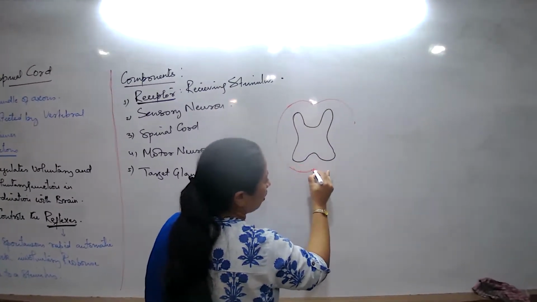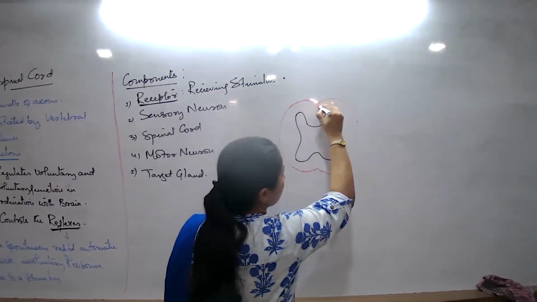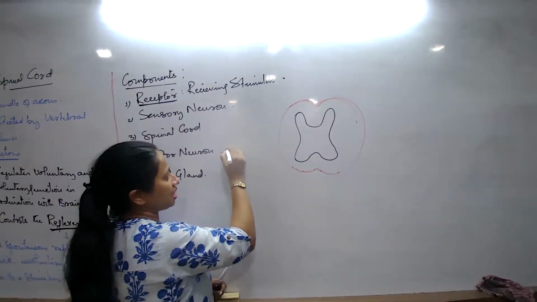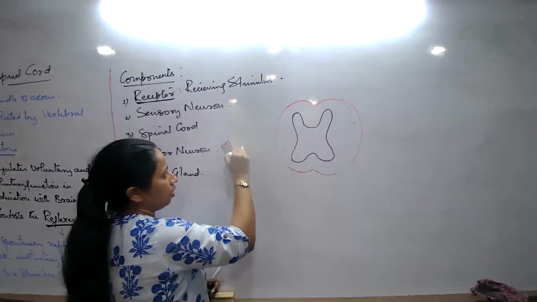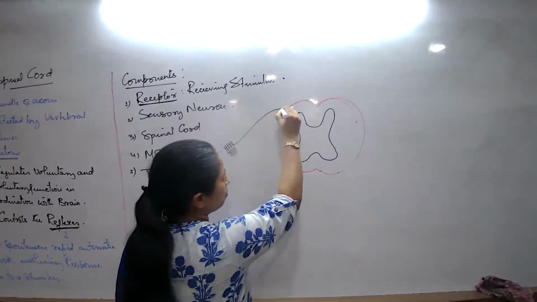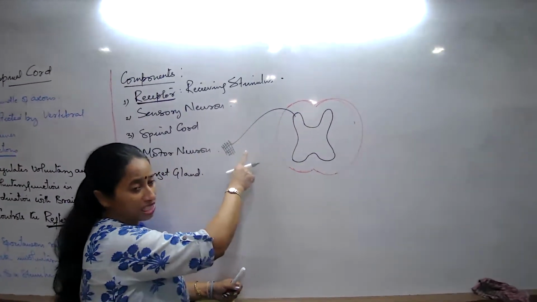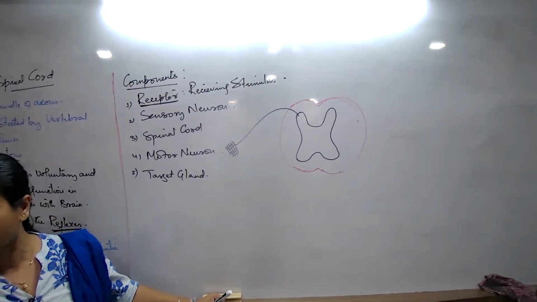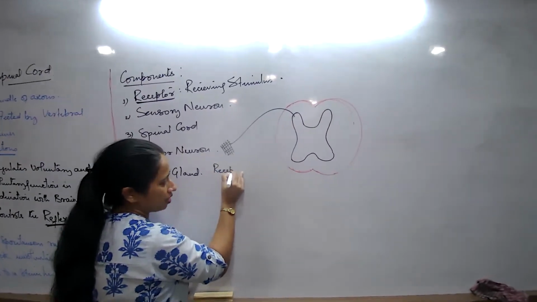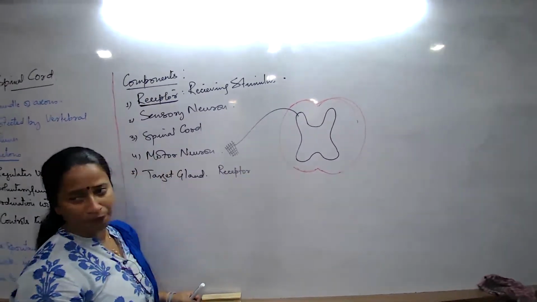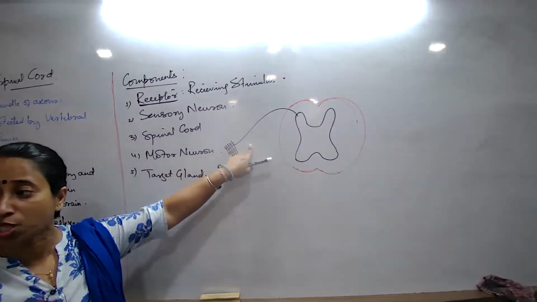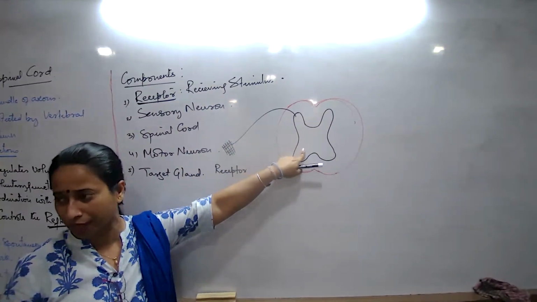Then after that, underline the motor neuron. Mark the motor neuron in the diagram. Mark the receptor in the diagram. Is the receptor there? If these parts are there, you mark. Otherwise, you will have to mark all these parts. The parts which are not marked in your diagram, please write them down. There will always be a receptor. Then from the receptor, the messages are being carried to the spinal cord, to the central region of the spinal cord.